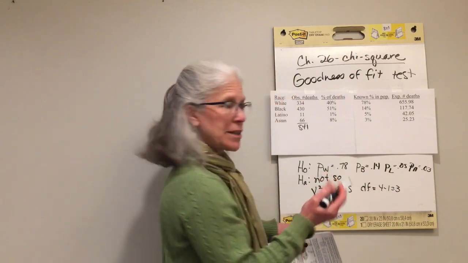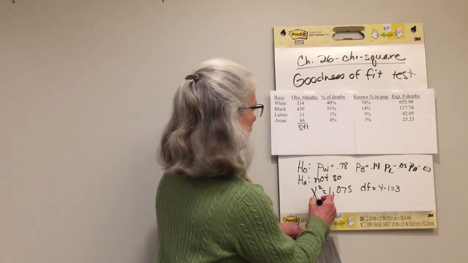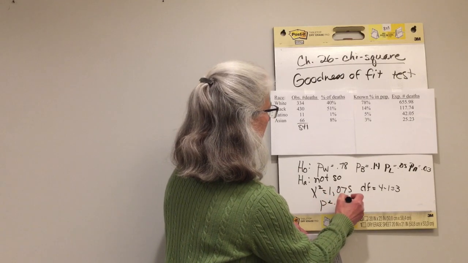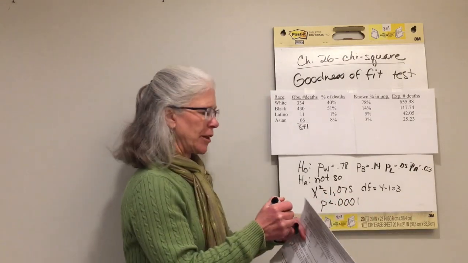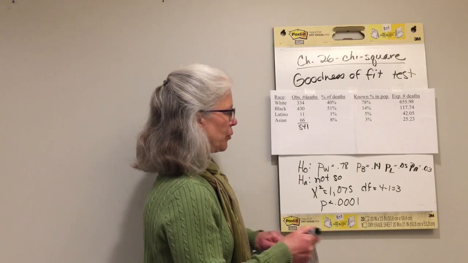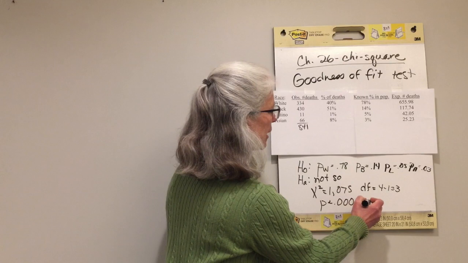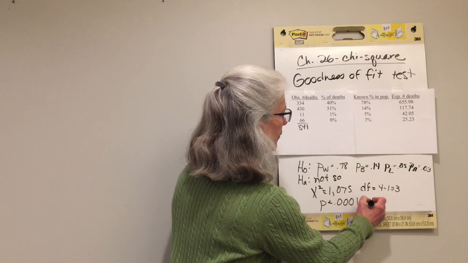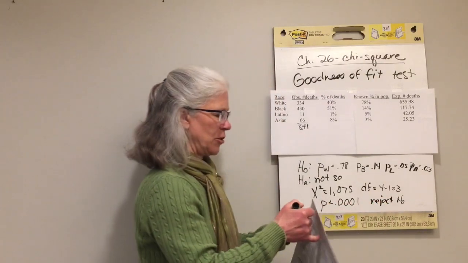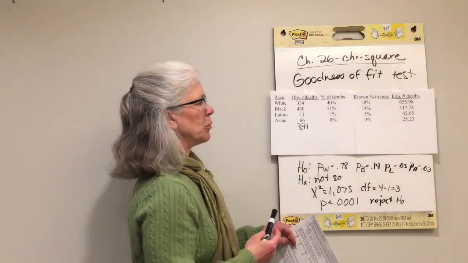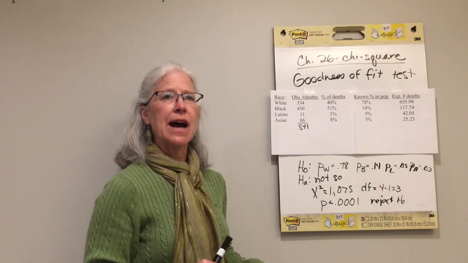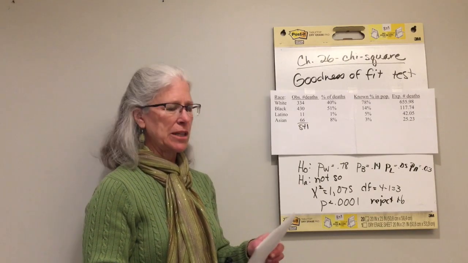If we went to the table in the back of your book, we would find this. But the p-value was teeny tiny according to StatCrunch. So no matter what alpha you want to pick, that p-value is going to be less than or equal to alpha. So we reject the null hypothesis that there is goodness of fit, and we believe that the percent of deaths for each race does not reflect the percent of that race in the population.